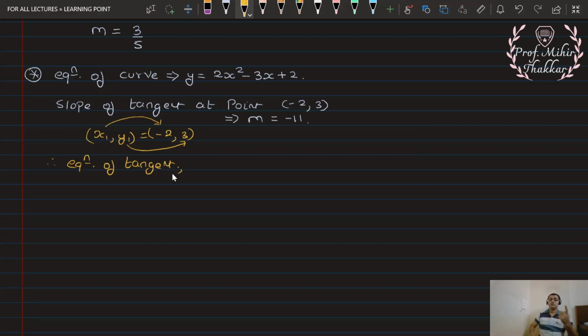By the slope point form or the slope point method. It is y minus y1 is equal to m multiplied by x minus x1. So students, m over here is minus 11, x1 and y1 are minus 2 and 3. So let us substitute the values very carefully. Y minus y1, which is 3, m is negative 11, and I will get over here x minus negative 2.